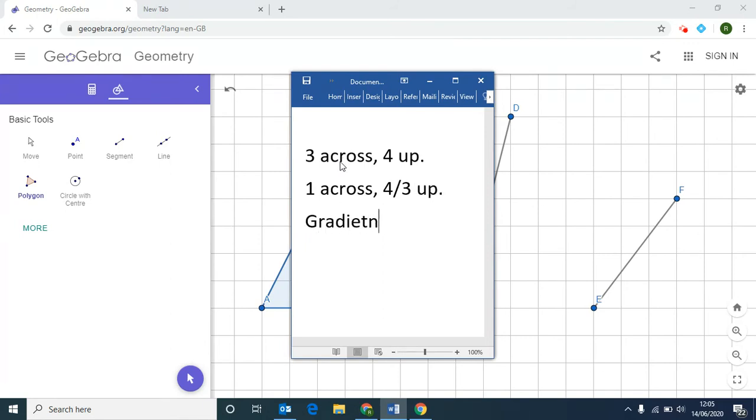So my gradient is 4/3, which is the same as 1 and 1/3, or 1.3 recurring. If you are going to write thirds as decimals, that's fine, as long as you remember to put the recurring dot as well. Okay, so 1 1/3 or 4/3 for my final one.